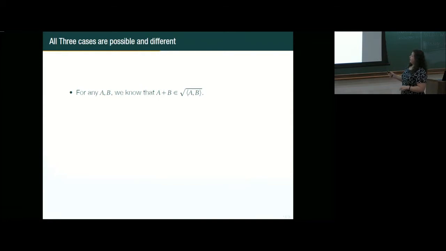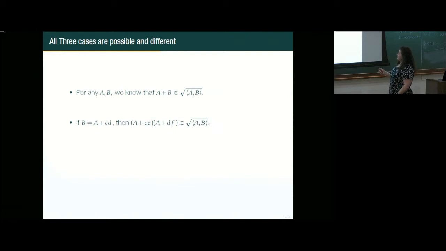So if I have A and B, I know that A plus B is in the radical. And so I can multiply it by any other polynomial, and it will be in the radical, okay? If I know that B is A plus C times D, so a reducible quadratic polynomial, then this polynomial is in the ideal generated by A. So let's think about it.